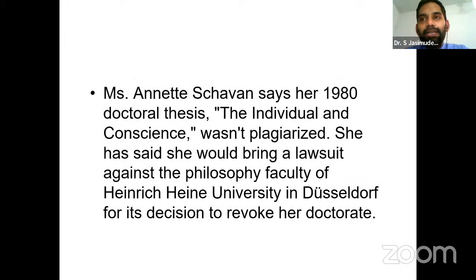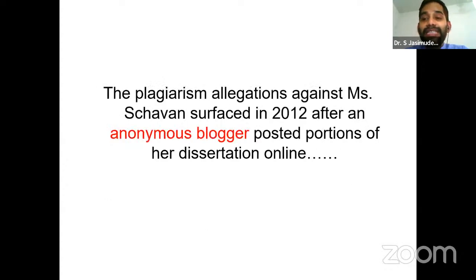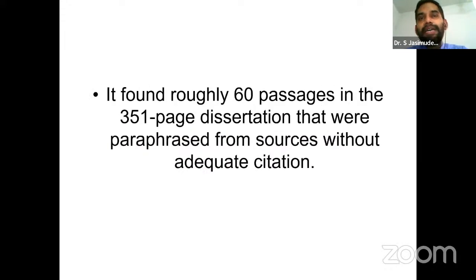In 1980, she submitted her thesis to a university in Germany. The title was The Individual and the Conscience. After 32 years, in 2012, an anonymous blogger posted portions of her dissertation online, and alleged that 60 passages in the 351-page dissertation were paraphrased from sources without adequate citation.